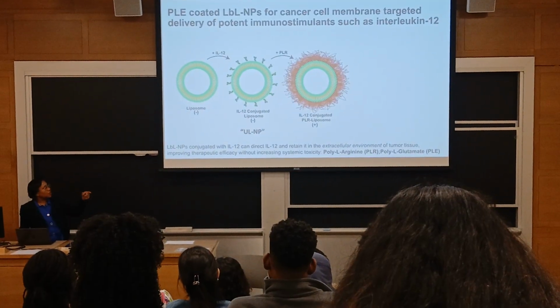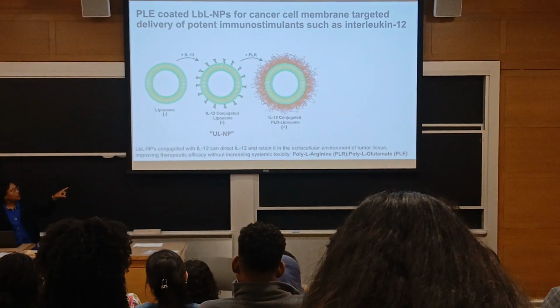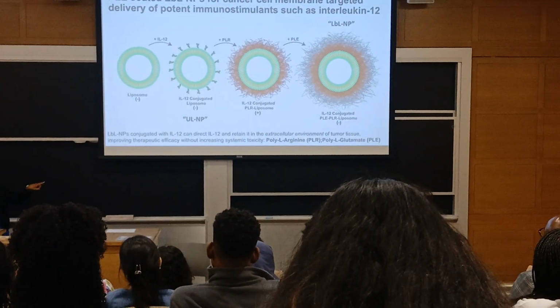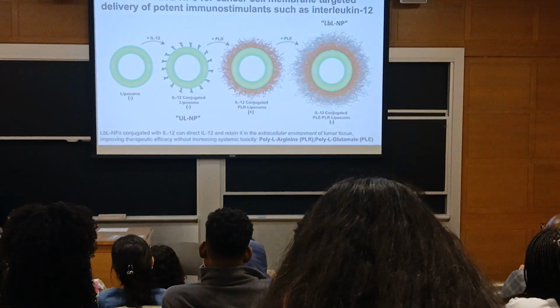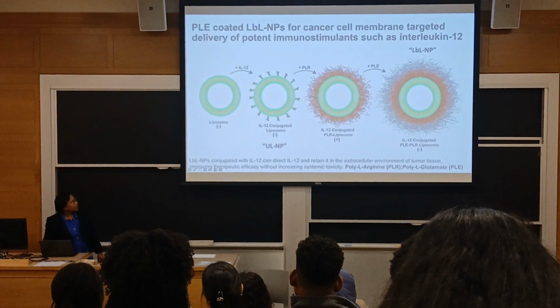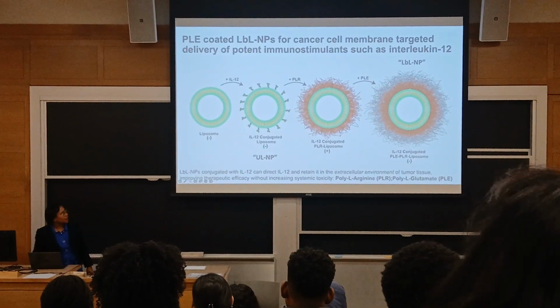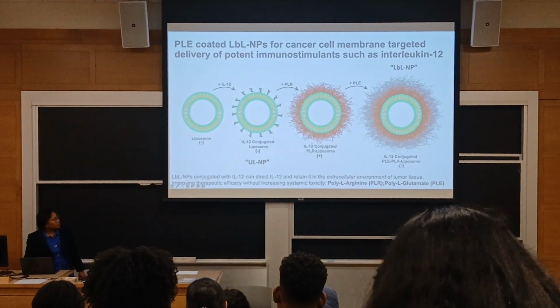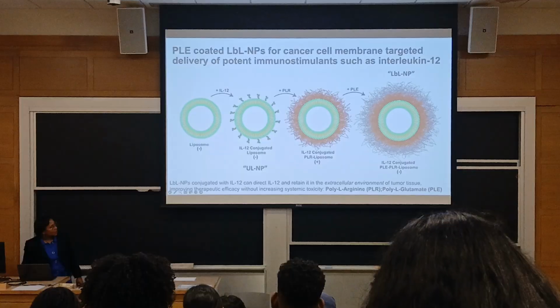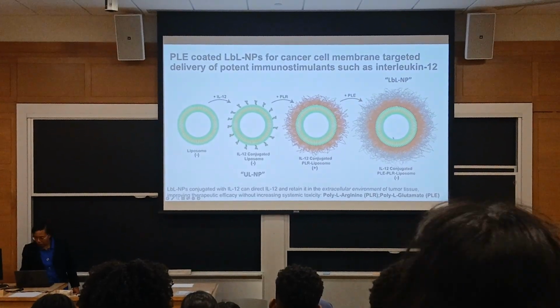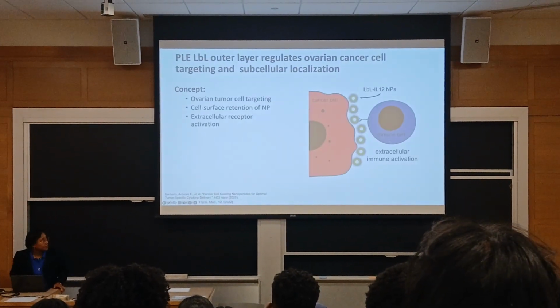Because it's negatively charged, we can adsorb poly-L-arginine and then poly-L-glutamate. So we have the unlayered liposome, and we see UL, we're referring to this one. And then we have the IL-12 conjugated system, which has PLE on the outside, poly-L-glutamic acid.